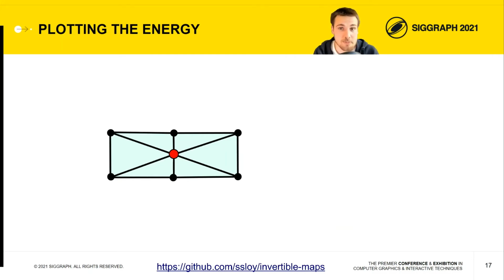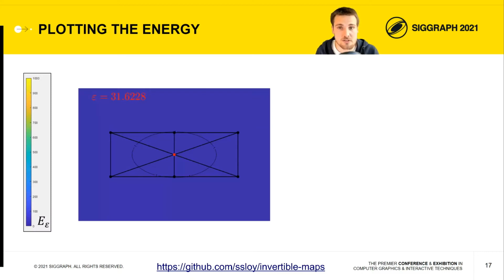Before seeing how to minimize the energy, let's see how it behaves. We take a mesh, such as this one, and we lock the black points, and the red point is free to move. For a new position of this point, as here in yellow, we obtain the value for the energy, and for another position, another value. What we can do is, for each position of this red point, plot the value of the energy.